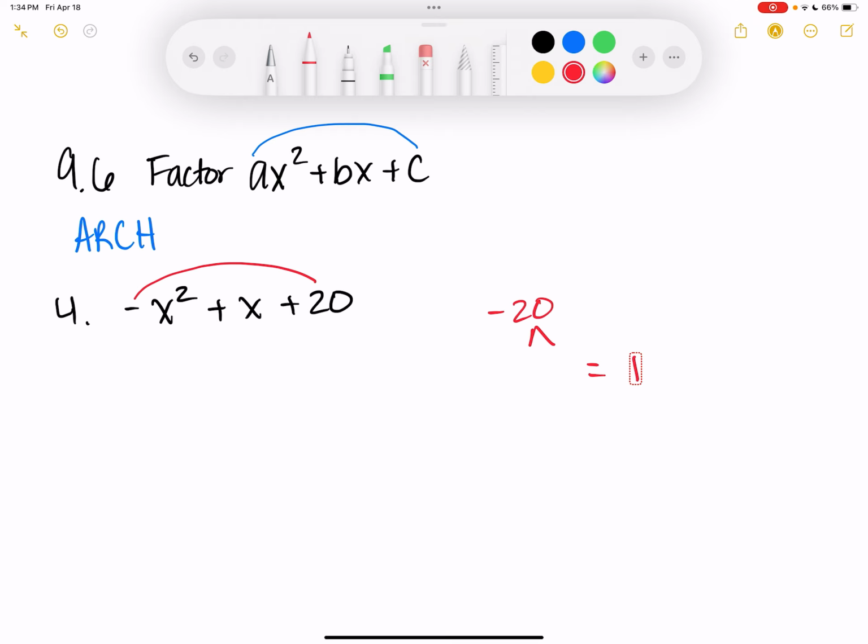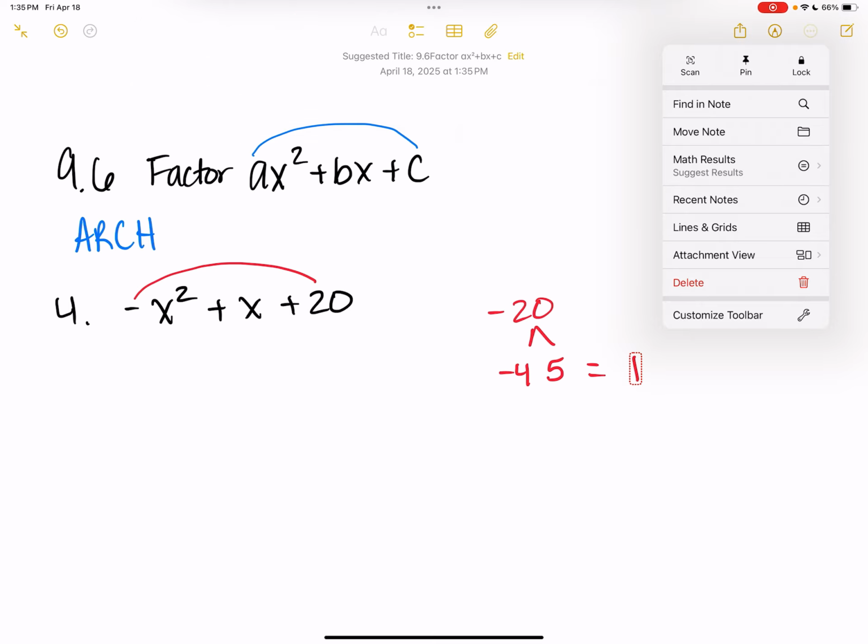So the only thing that's different is that we're now multiplying by whatever is in front. So what two numbers multiply together to equal -20 and add up to equal +1? -4 and +5, yep. Now, this is where it gets different than the other ones.